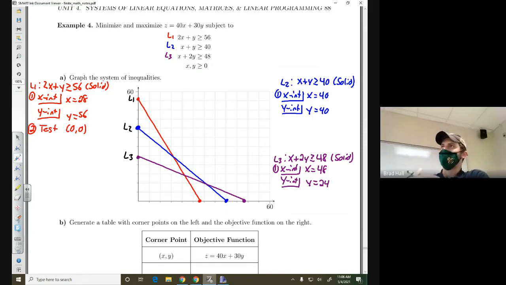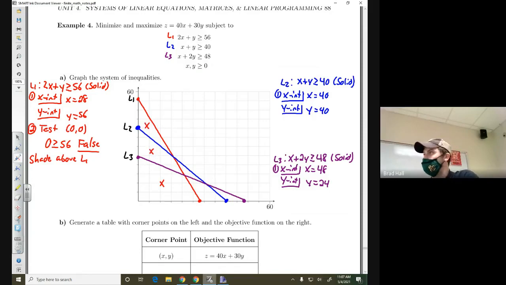And remember, you plug in 0 for x, 0 for y. Get that 0 is greater than or equal to 56, which is false. So for the first one, we shade above L1, because that's the line we're testing, the first line. So we don't shade below L1. Any region that's below L1, which is those three, we don't shade any of those.